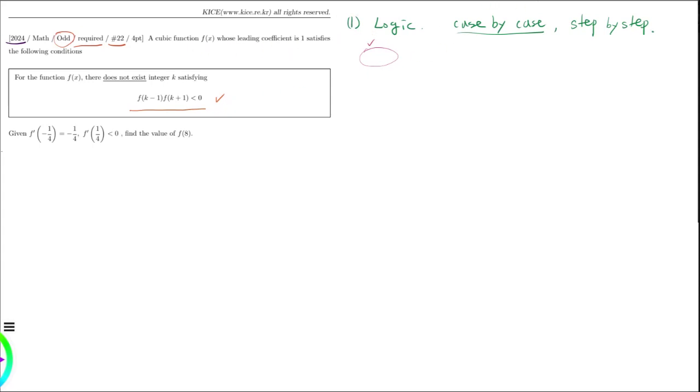For the cubic polynomial, a cubic function whose leading coefficient is 1, which is positive, the graph of this cubic function looks like this. Or, it depends on the situation.